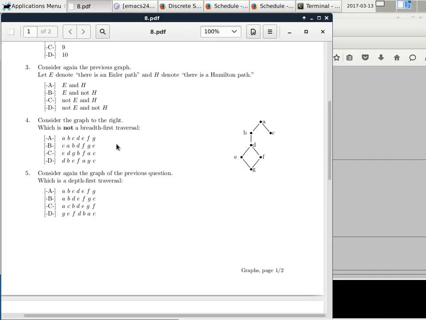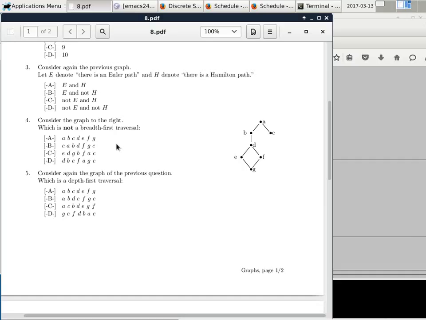All right? So, let's do the second. We start from C. Which one do you get in 1 step? A. In 2 steps? B. In 3 steps? In 4 steps? Here is the problem. You have to get to E before G. So, this is the culprit. This is not a breadth first traversal.